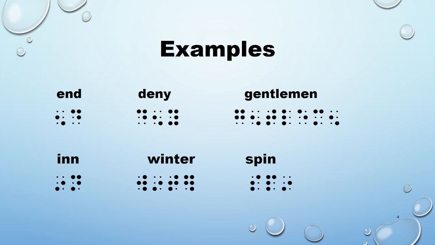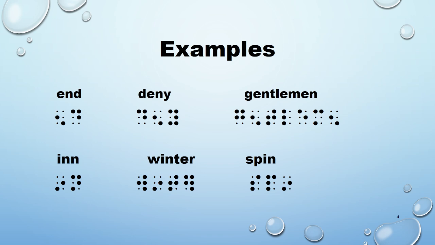Okay, next is for in. For in, we have the word inn, spelled I-N-N. So in there is used at the beginning of the word inn. And then you have winter. So in is used in the middle of the word winter.